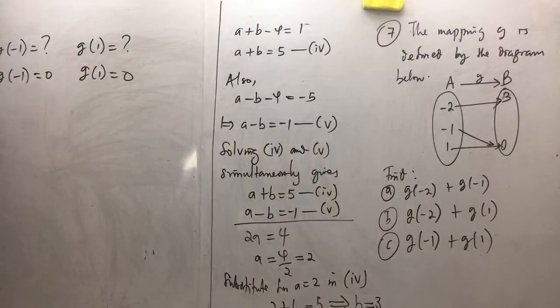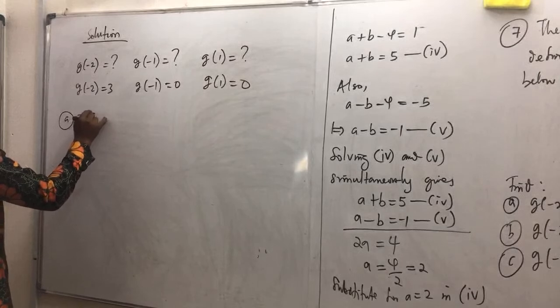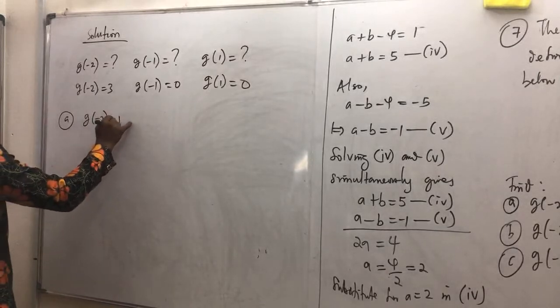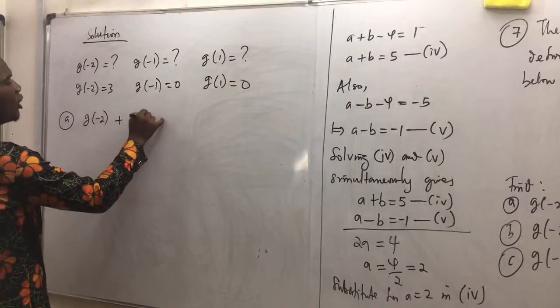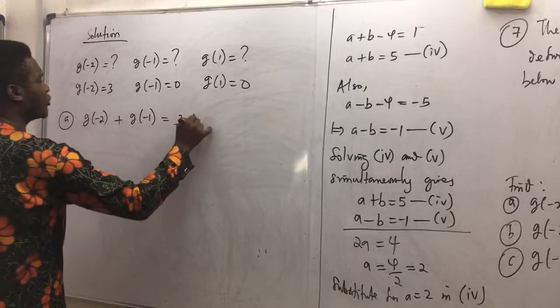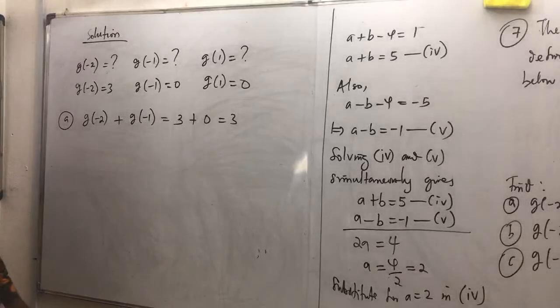In A, since G of -2 is 3, G of -2 plus G of -1 would be 3 added to 0, and your answer will be 3. And that solves that problem.